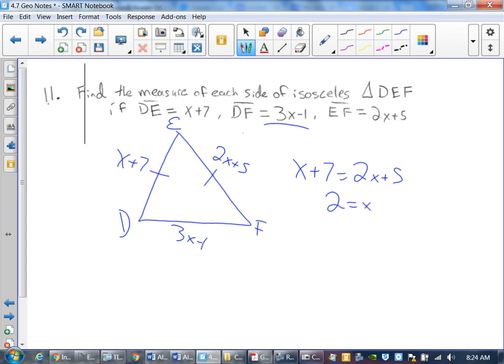What's 2 plus 7? 9. What's 2 times 2, 4, plus 5 is? 2 times 3 is? 6 minus 1 is 5. Therefore, there's all your side lengths. Were the two sides that we said congruent? Are they congruent? Yay, so that's a good sign.